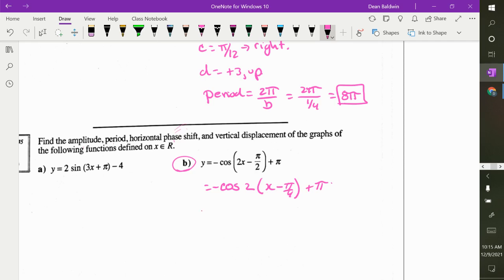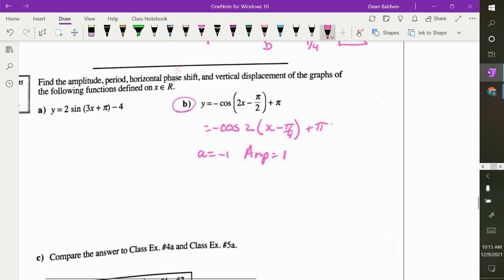Okay. What's my A value? A value, -1, which is a flip, right? What's my amplitude? 1. Yeah, little a is A, capital A or AMP of the amplitude. Sorry, that's why I confused Eamon on the last one. Amplitude is just your absolute value of A. All right.